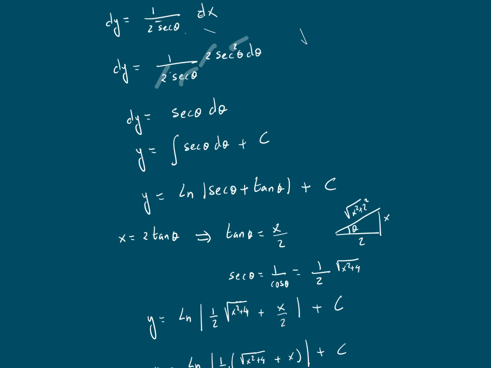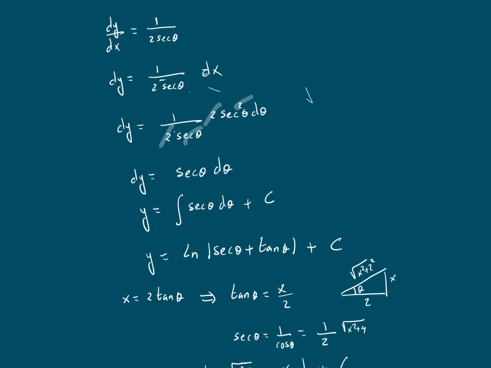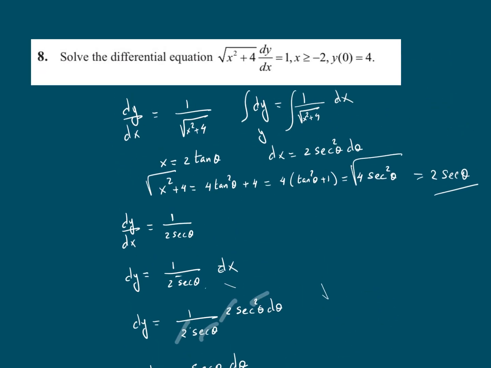And now, wow, the problem is not yet solved, because the problem says that they are giving you an initial condition. So we need to fix the c. The initial condition is that y of 0 is equal to 4. So when x equals 0, y equals 4.